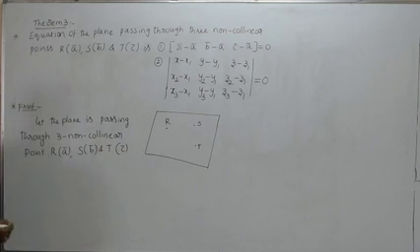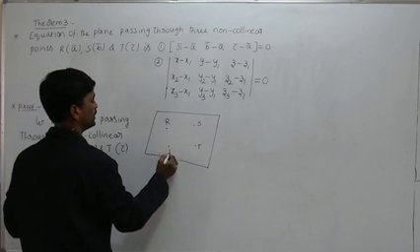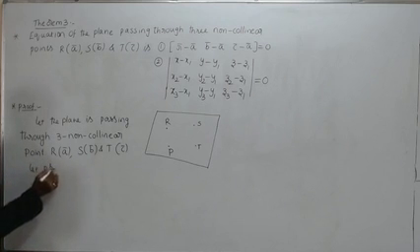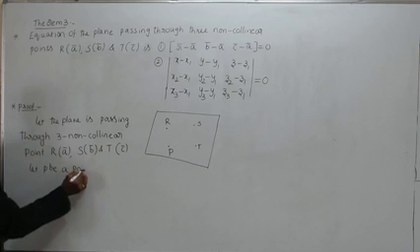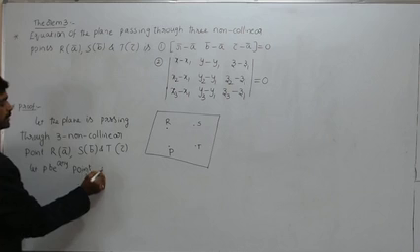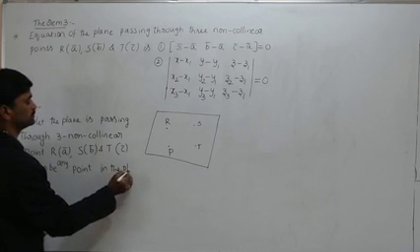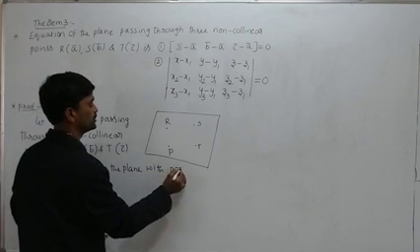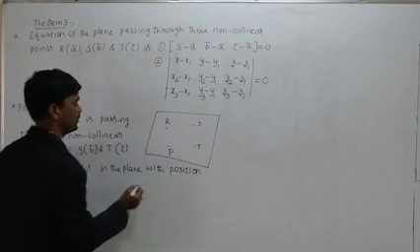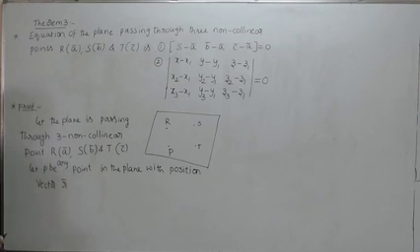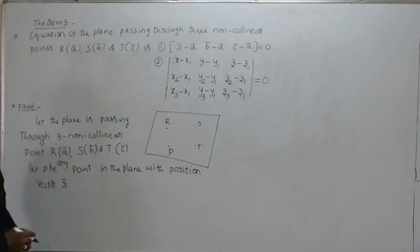Okay, suppose P is any point in the plane with position vector r bar. That means OP bar is equal to r bar.